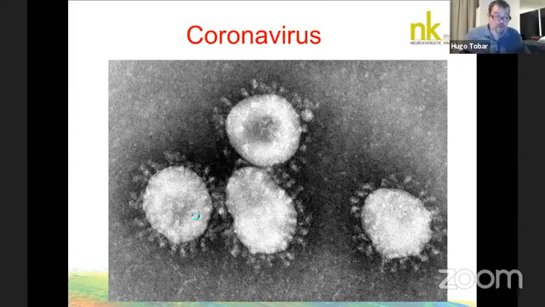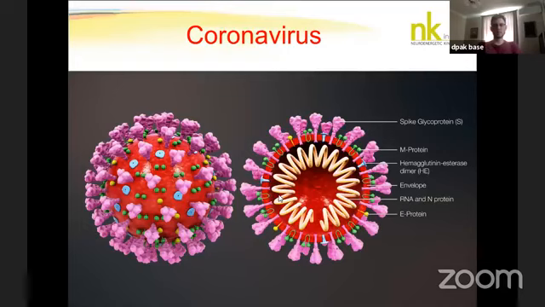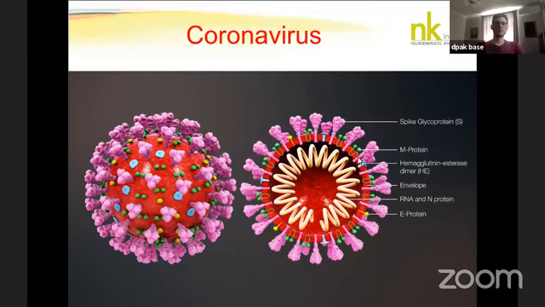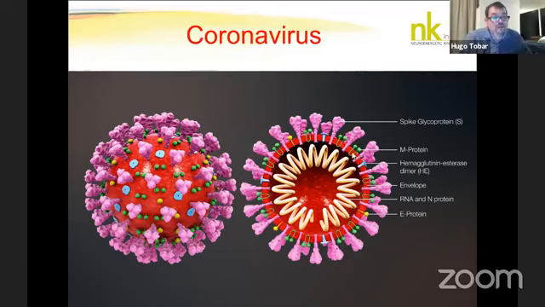And so looking at what the coronavirus actually looks like, you can see here, this is a picture, and it actually has a membrane like our membranes. This is a phospholipid bilayer, just like ours, but in viruses they call it the envelope rather than a membrane.